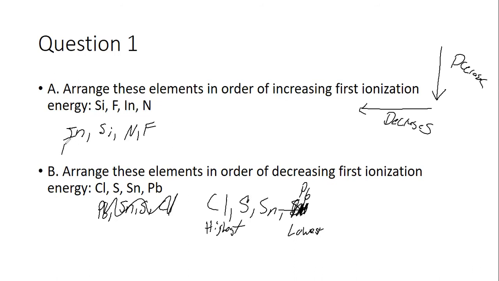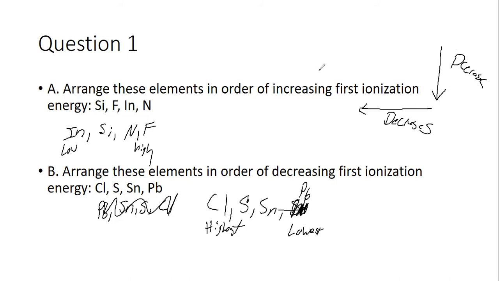And then here I'm going from low to high. So size doesn't matter in ionization energy. It does, right? Kind of. Here, if we look at lead, lead is our biggest element, biggest neutral element. It also has the lowest ionization energy.